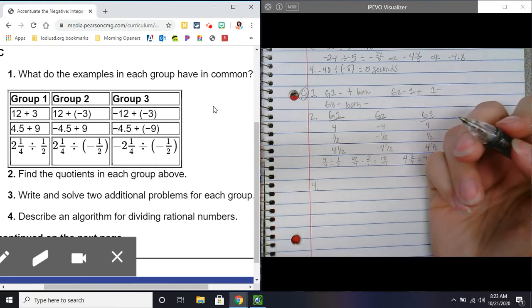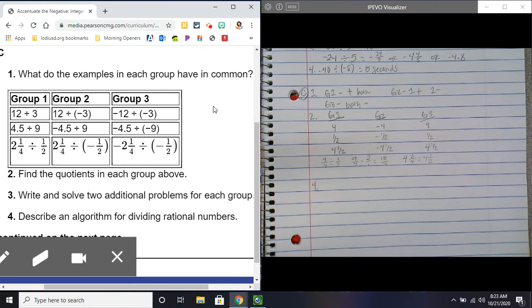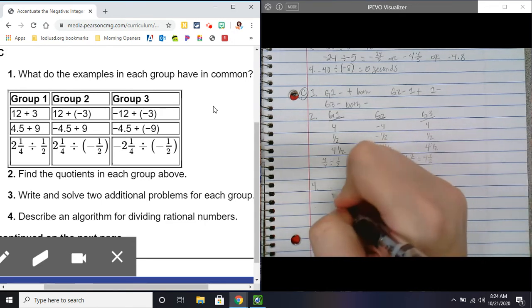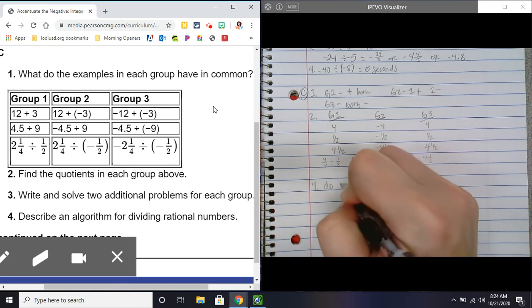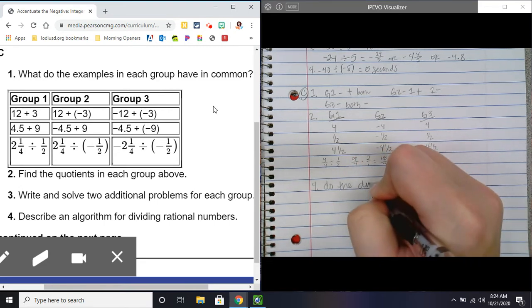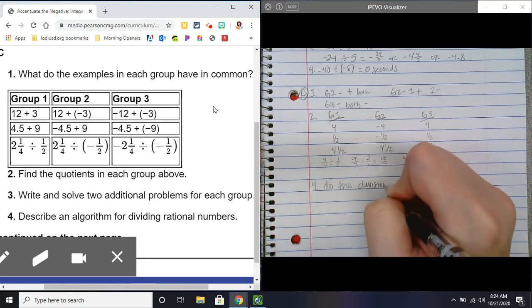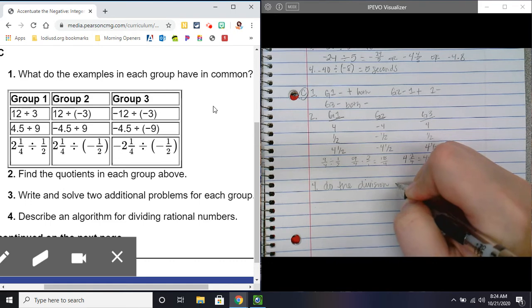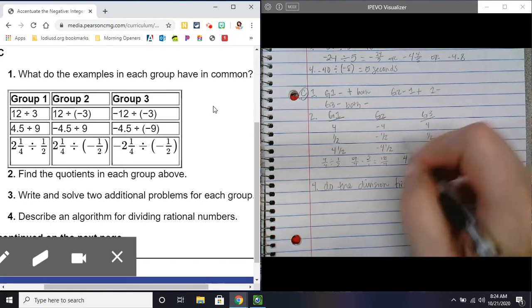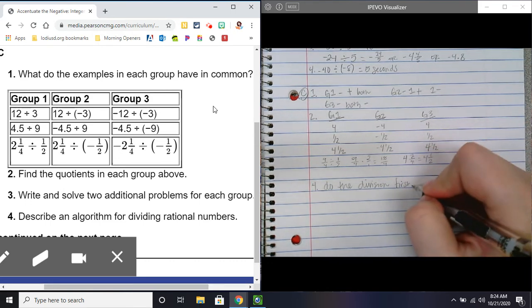So number 4 basically asks us to give the rule. If you're trying to tell somebody what to do when you are solving for these, how to do it, basically you would say, do the division first, just deal with the numbers first.